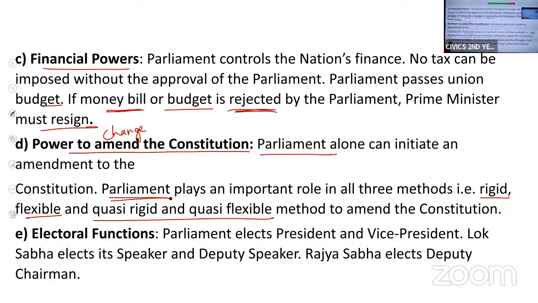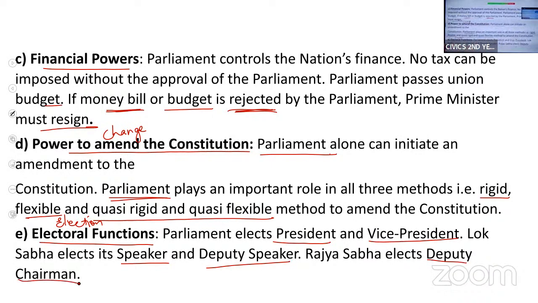Next is electoral functions. Electoral means something related to election. So whom does the parliament elect? The parliament elects the President of India, the Vice President of India, the Speaker of Lok Sabha, Deputy Speaker of Lok Sabha, and Deputy Chairman of Rajya Sabha.